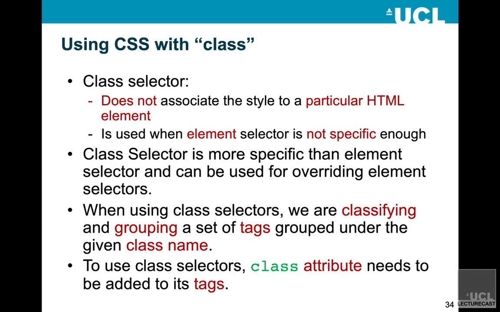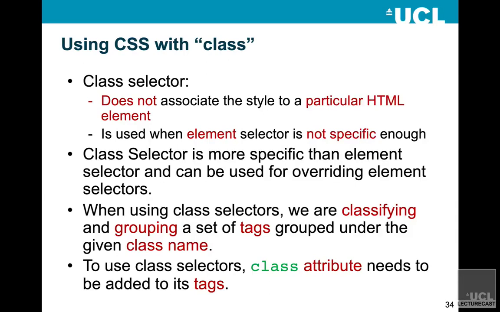So class selectors are more specific compared to element selectors because element selectors apply to all the elements with the same name, while class selectors apply to elements which have got the class name specified within the HTML itself. So in other words, class selectors are providing us with an opportunity to group special tags which will require special treatment within CSS. So how do we actually use class selectors?